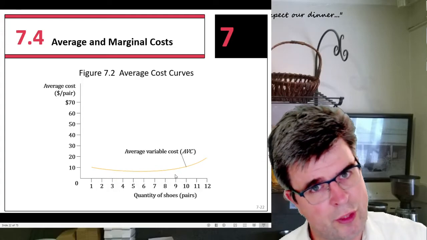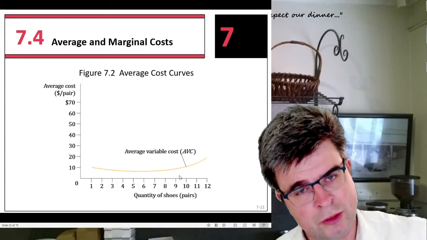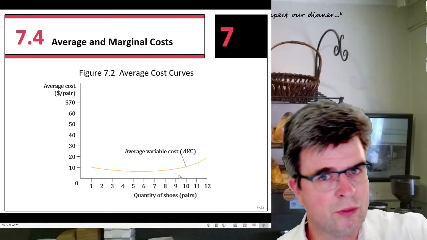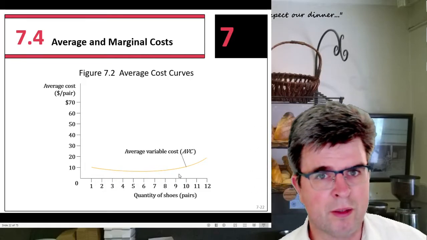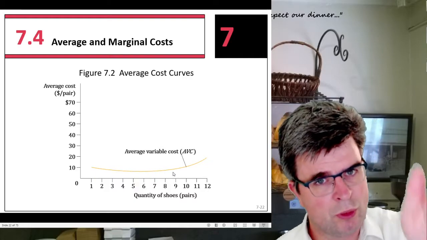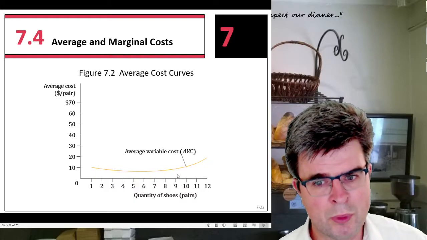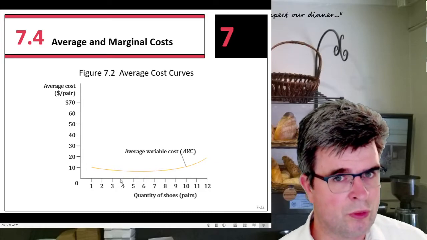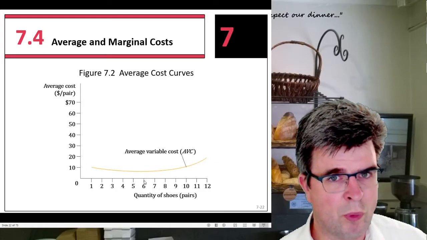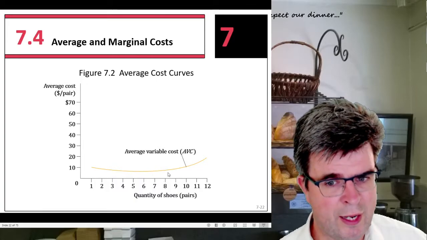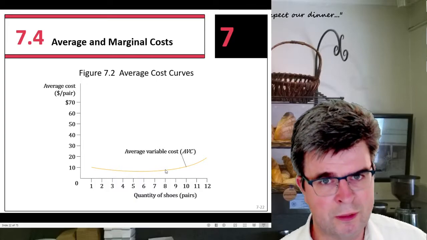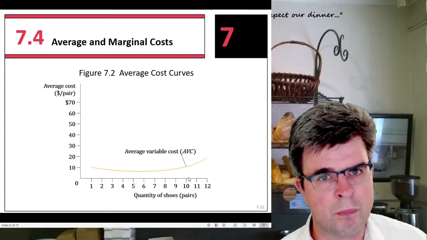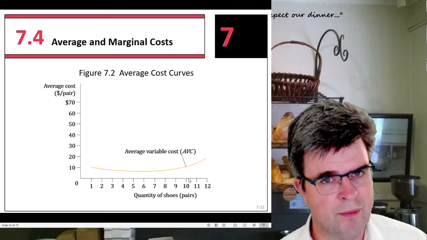We observed that our variable cost was very modestly increasing for the first 8 pairs of shoes, but then we saw it slope upwards, which means that you could distribute the variable cost over more and more pairs of shoes until 8 pairs. So the average variable cost went down, but it starts increasing again if you produce more than 8 pairs of shoes.